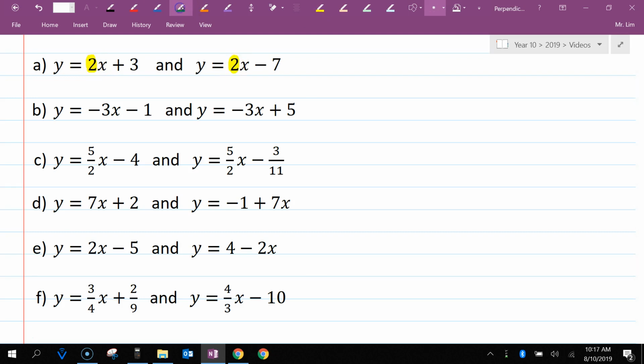They're both the same, so yes. What about the next one? The gradient is minus 3, gradient is minus 3. They're both the same, so yes, they are parallel. I'll get you to pause the video now, have a go with the last 4, and when you're ready to check your answers, continue playing the video.